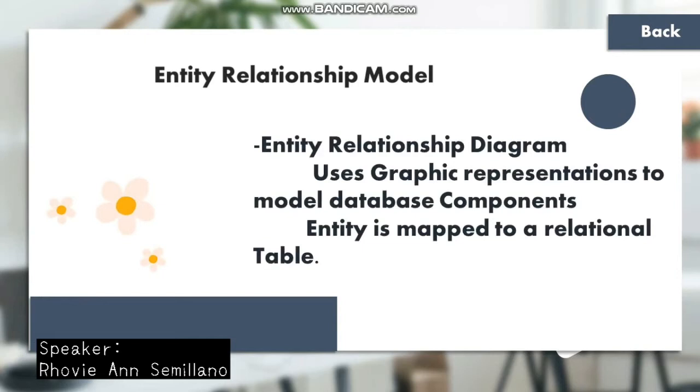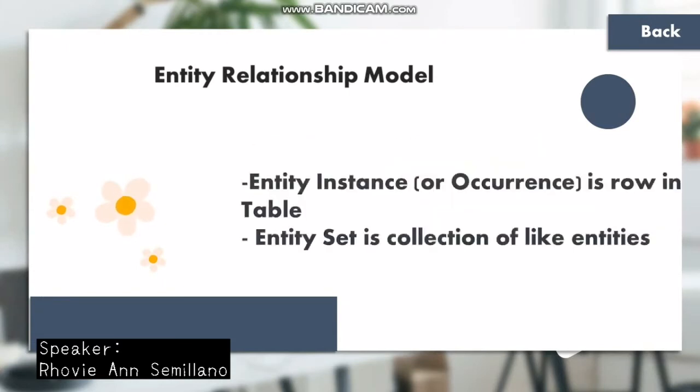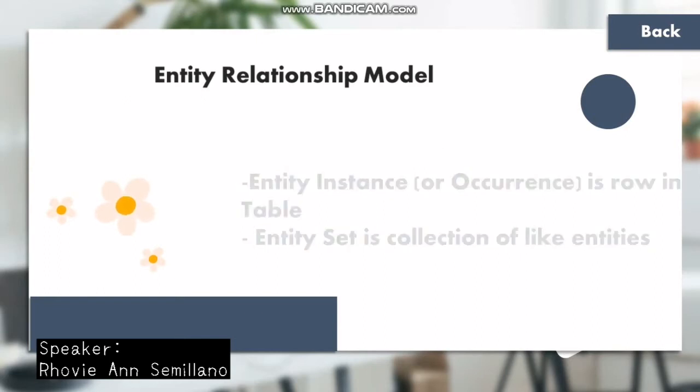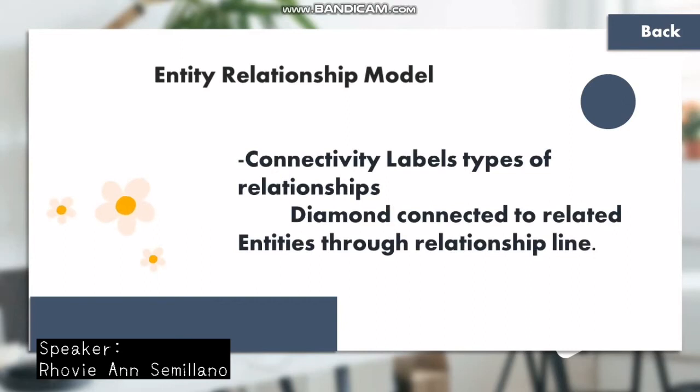It is used as a high-level logical data model, which is useful in developing a conceptual design for databases. An entity is a real-world object or concept that exists on its own. Entities are equivalent to database tables in a relational database, with each row of the table representing an instance of that entity.